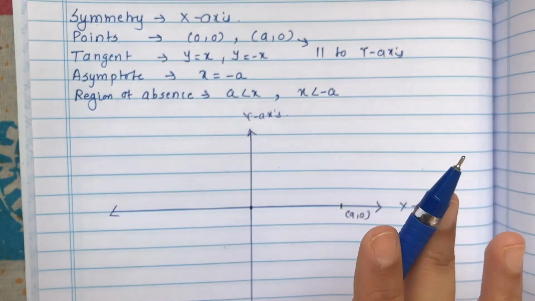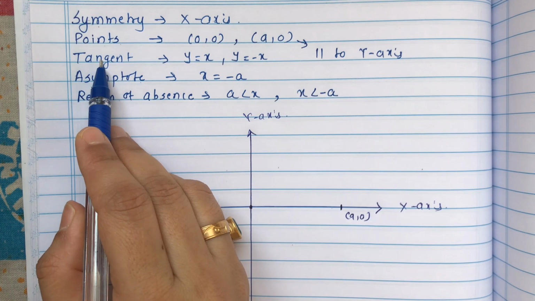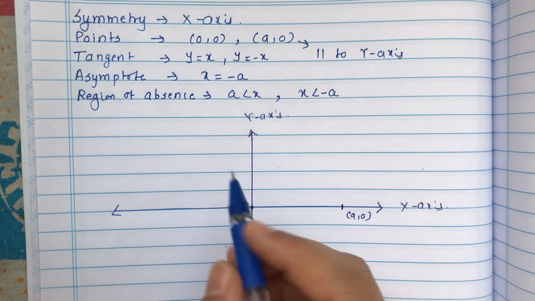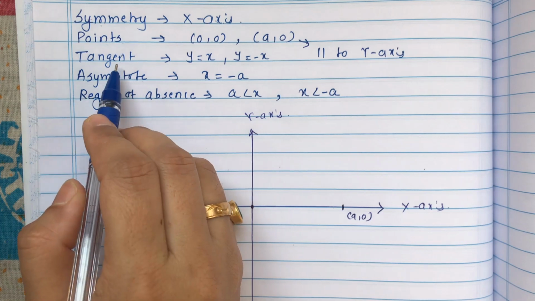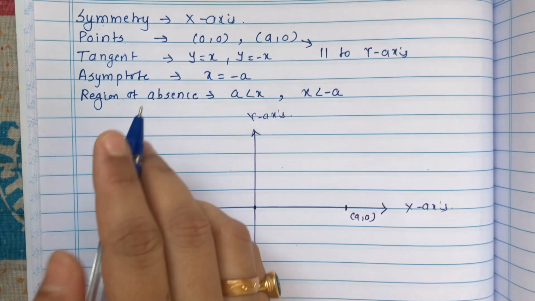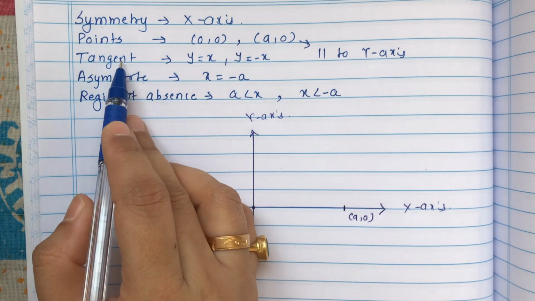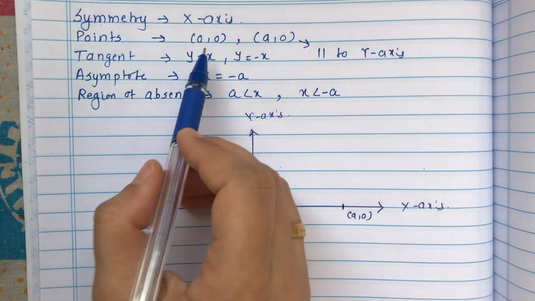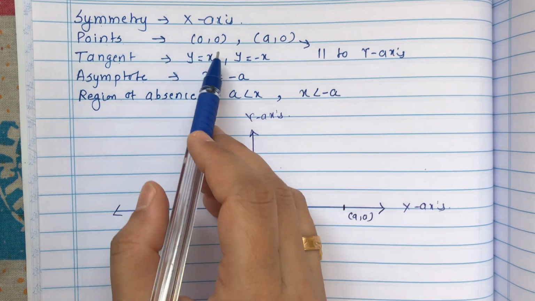So plotting is done. Next we have to draw tangents. Tangents are what we have calculated, the tangent at these points only. Whatever points we get, we need to calculate the tangent at those points and then draw them here. So at 0 0, what are the tangents?